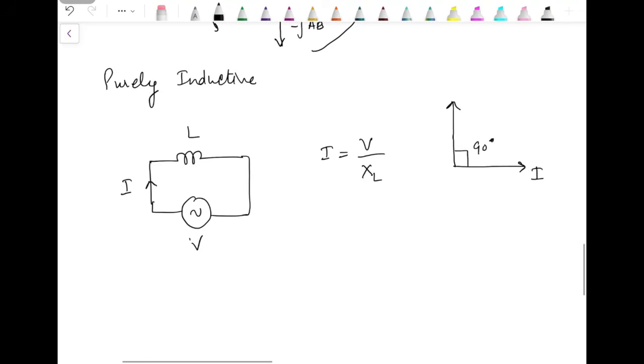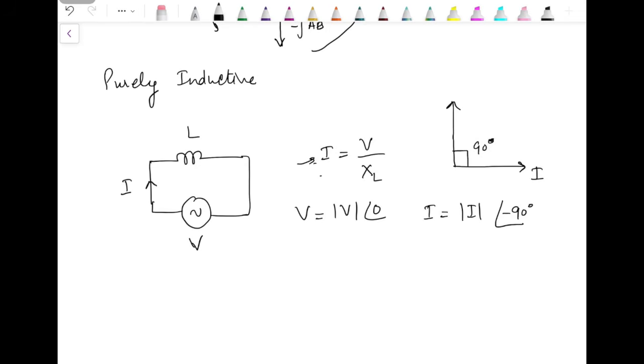This expression is just about the magnitude. Now if we have to incorporate this 90 degree phase difference in this expression, voltage is at 0 degree, current has a magnitude and is at minus 90 degree because current is lagging behind the voltage by 90 degree.